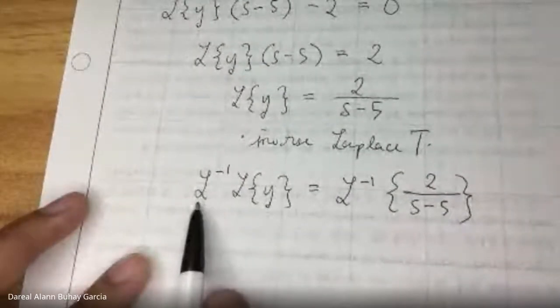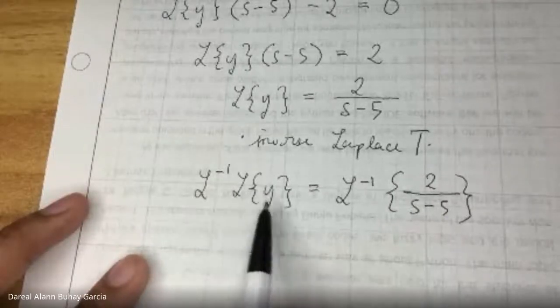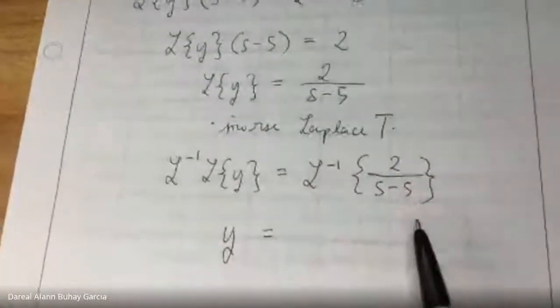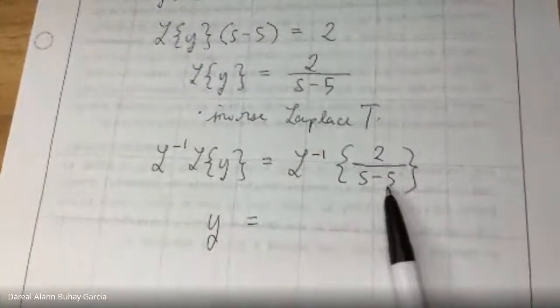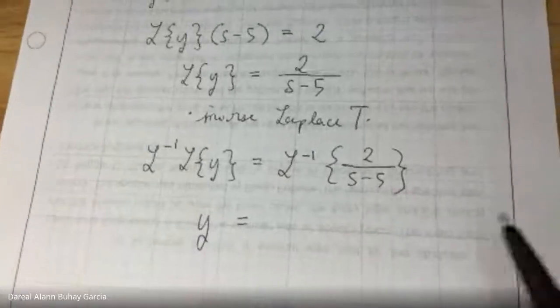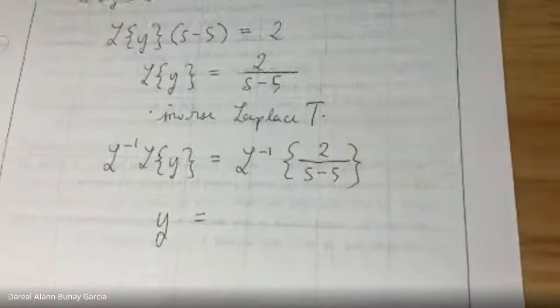The inverse Laplace of the Laplace is the function, so only y remains. Now, how do we solve for the inverse Laplace? Technically, we do not solve it, we just refer to the table. What kind of Laplace is this based on the table?